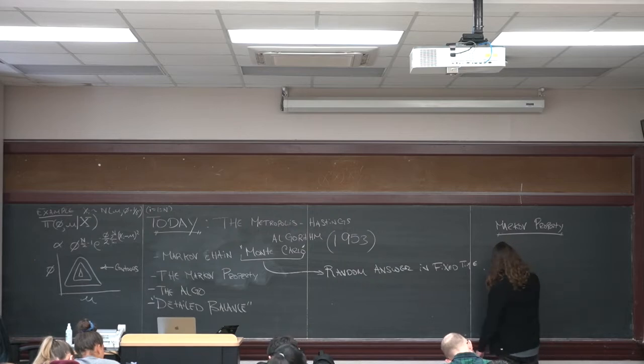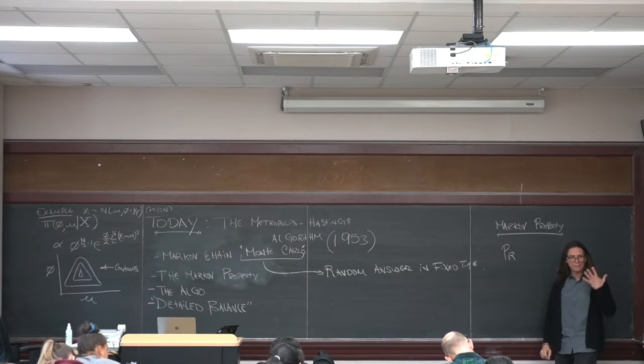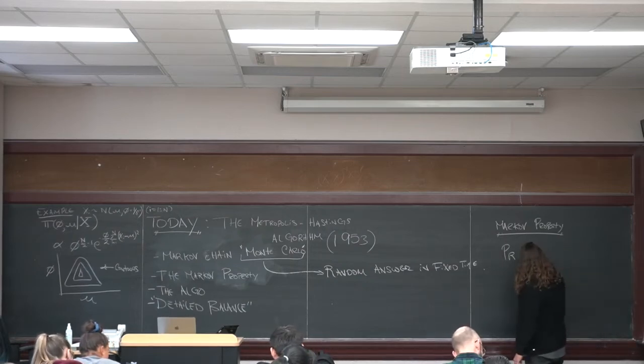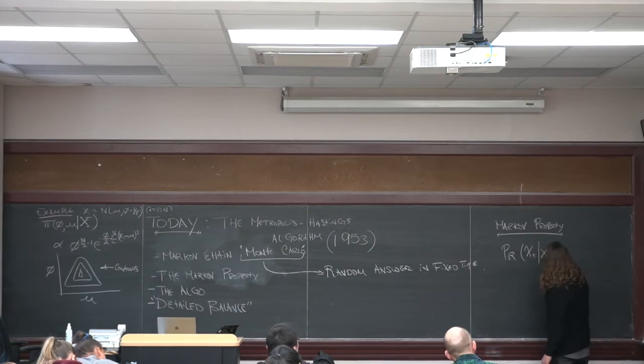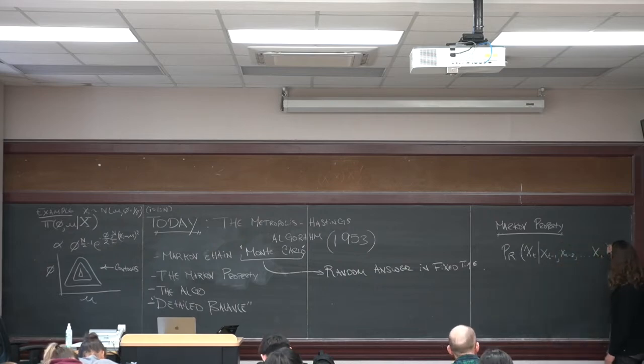It's just the probability, if we're considering a sequence, like in something like a for loop, the probability of that random variable at time t, conditional on everything that came before it, all the way out to the first time step.